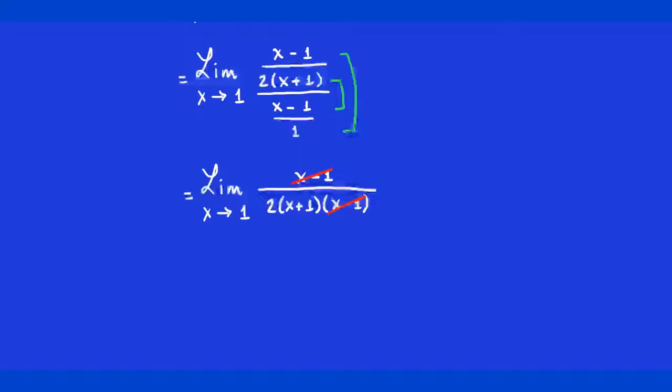We'll get to this expression, which at the end will be 1 over 2 times x plus 1.